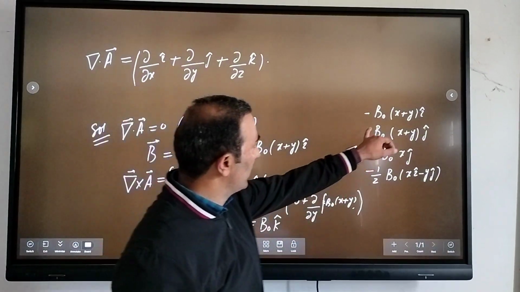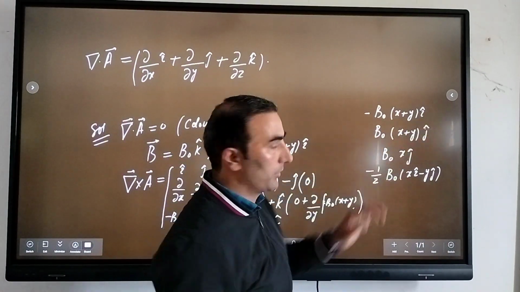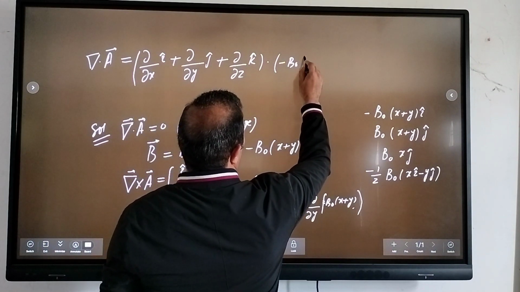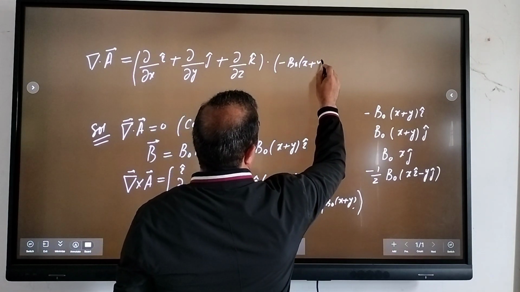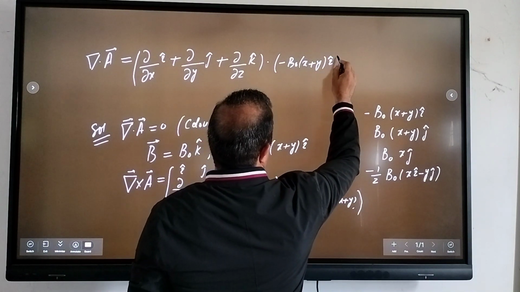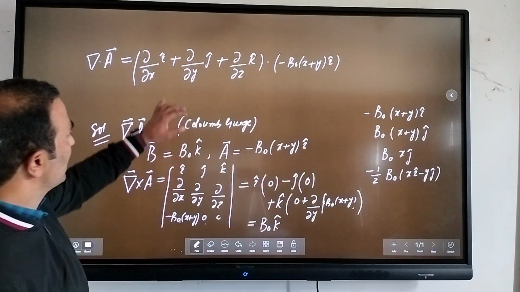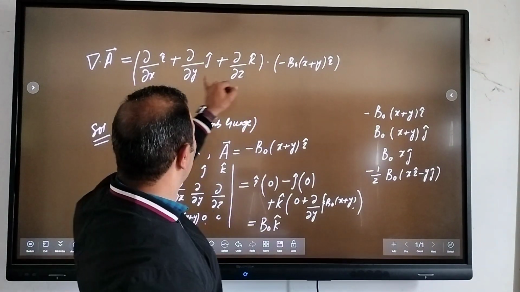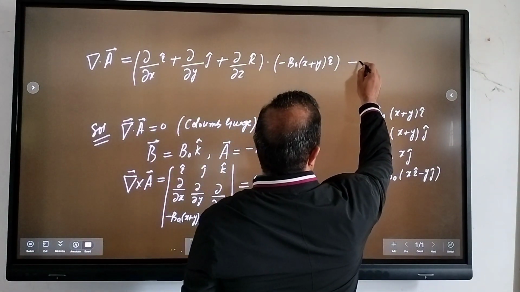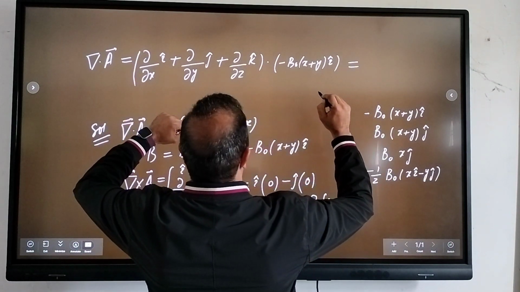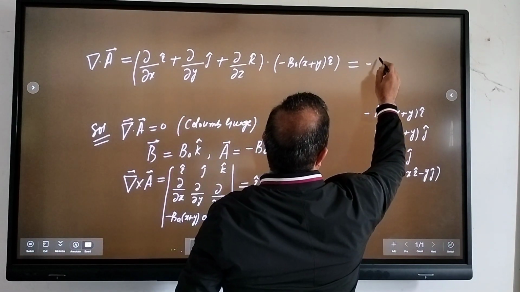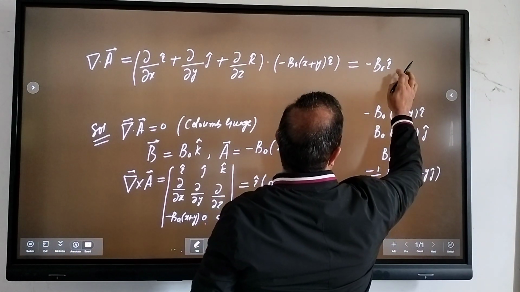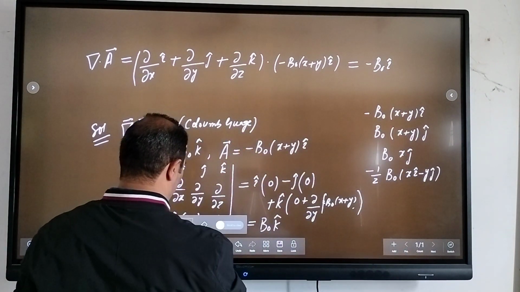Vector potential हमने क्या लिया? That's A = -B₀(x + y) î. Because there is only the i-th component present, when you take the divergence you will get minus B₀. So sorry, this is -B₀.